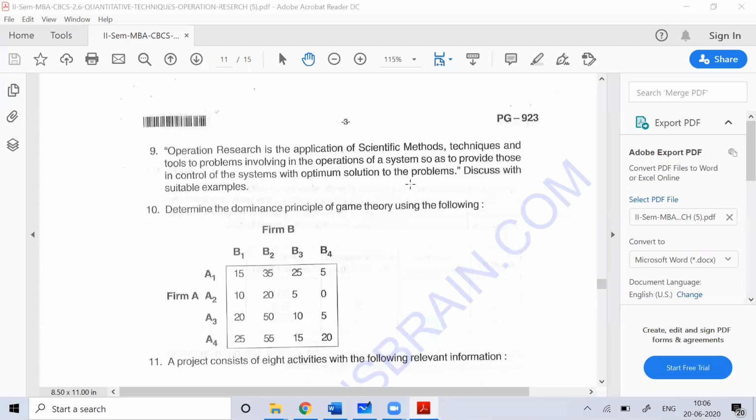Okay, so has anyone got the answer for question number 10?